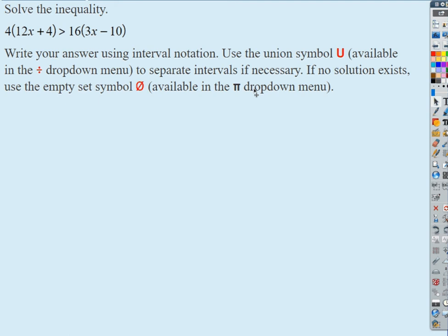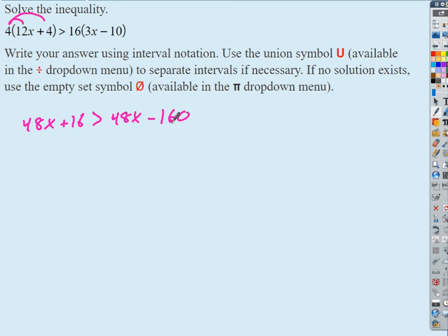Okay, what about this one? What do we gotta do? Distribute, so if I distribute the 4, I get what, 48x plus 16 is greater than 48x minus 160. Okay, cancel.